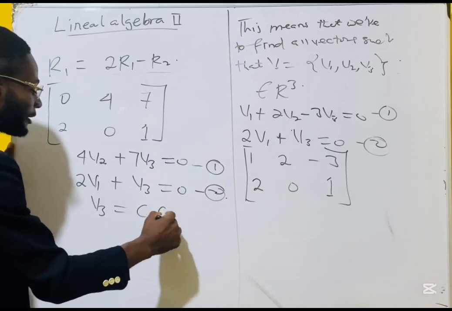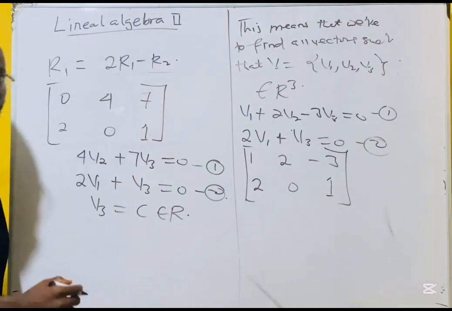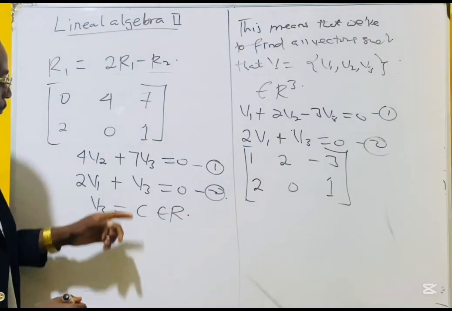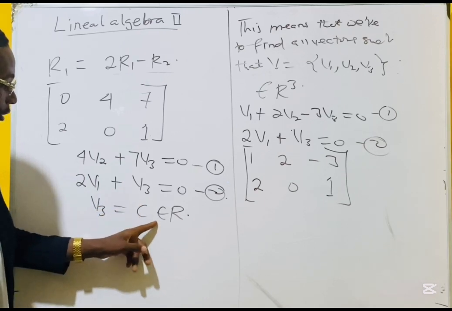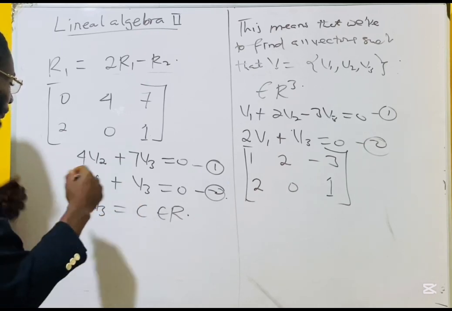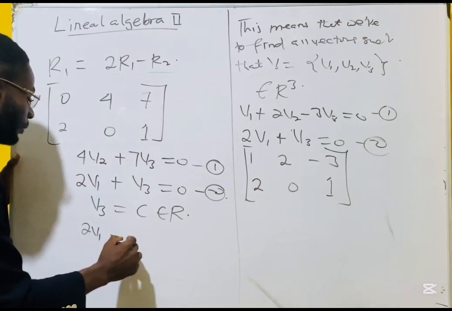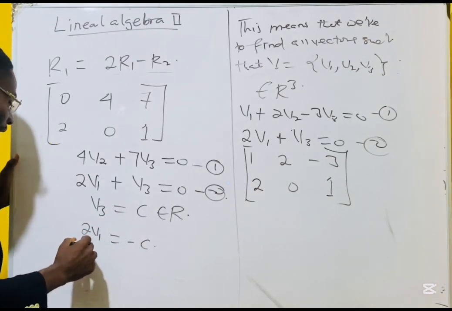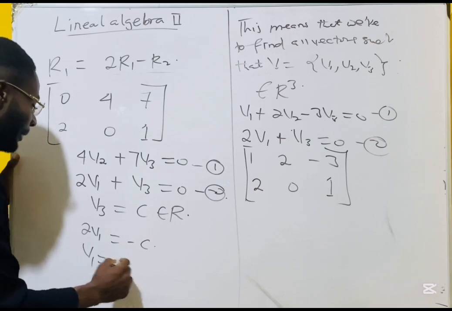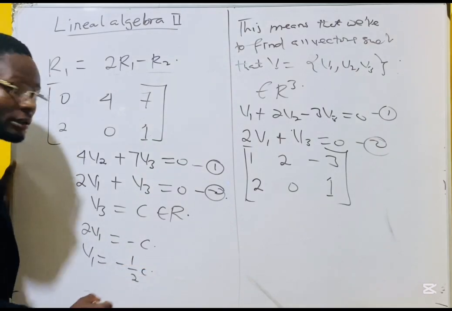So let's say that v3 is equal to C, and C belongs to the real number system. Okay, so if C is equal to V3, then from equation 2, we say that 2V1 is equal to minus C, right? So we have V1 to be minus 1 on 2 C, right?